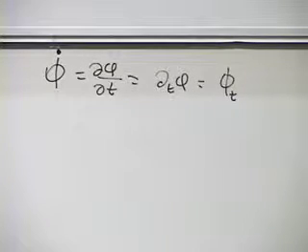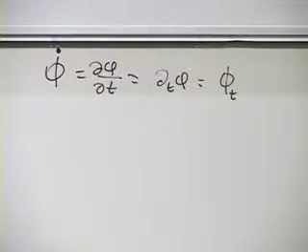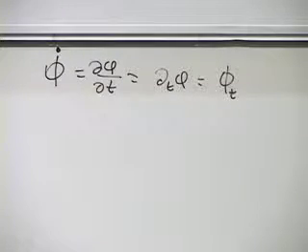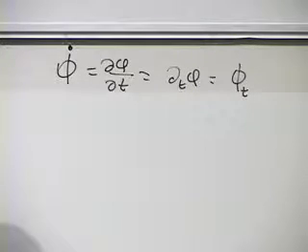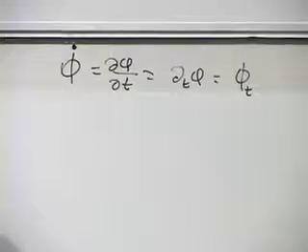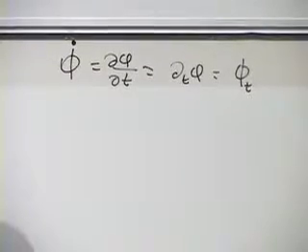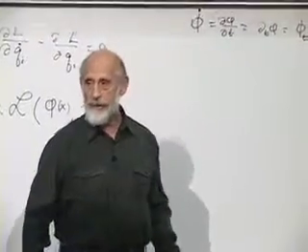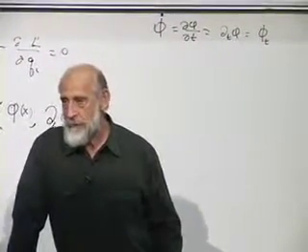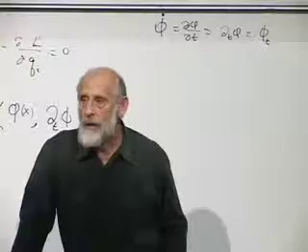All the same thing. Isn't phi dot really d phi by dt? Well, it's not the total, it's the partial. That's what I mean by phi dot. What if it were omega dot? Wouldn't it be the total derivative?